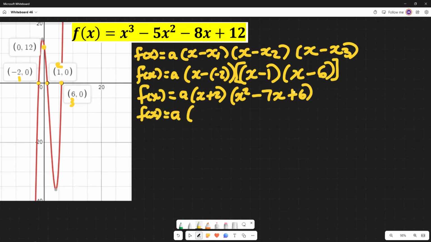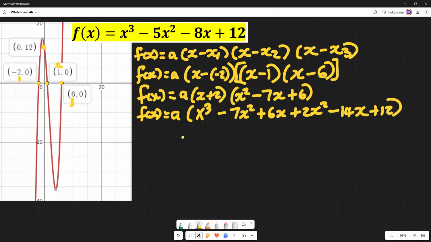And then f of x will be this: a, we can FOIL in this one now. It's going to be x cubed minus 7x squared plus 6x plus 2x squared. We're multiplying, ladies and gents. I'm sure you see what I'm doing. This and that is there. This and that, it's minus 14x plus 12.